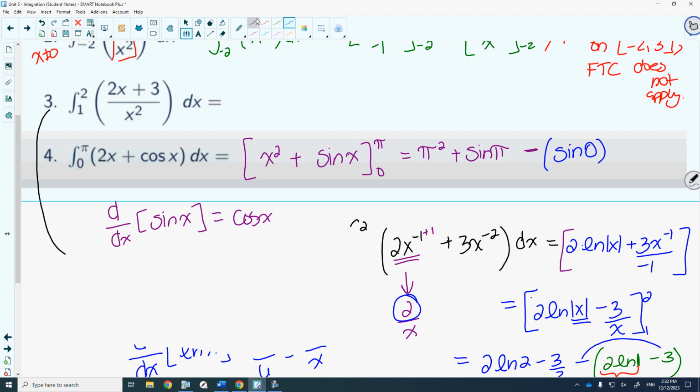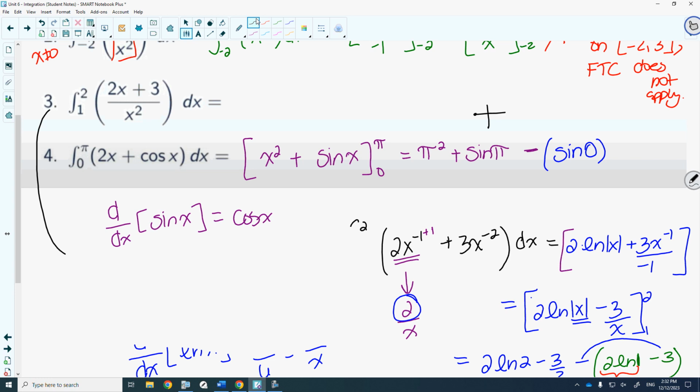Here sine of pi is 0. This gives me pi squared minus, what was the sine at 0? 0. This is as well 0. So that gives me an answer of pi squared.